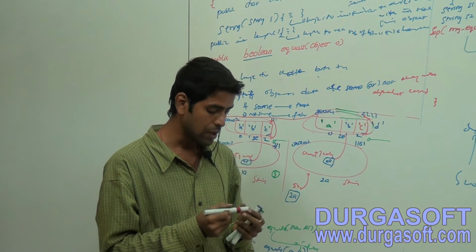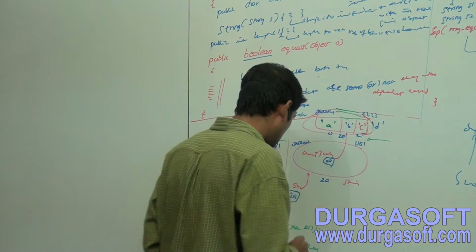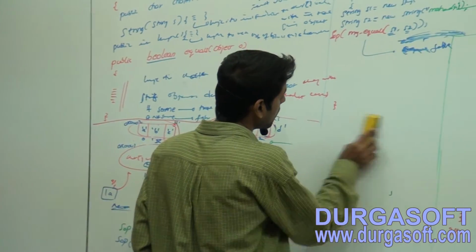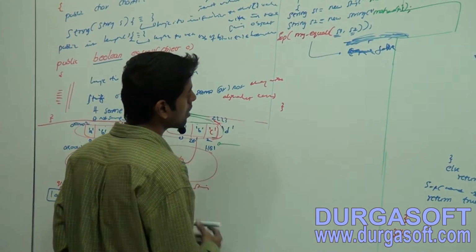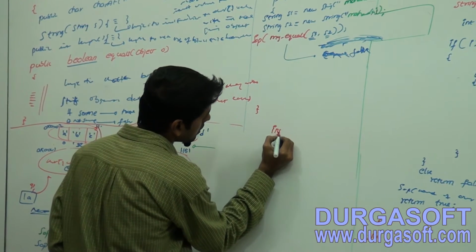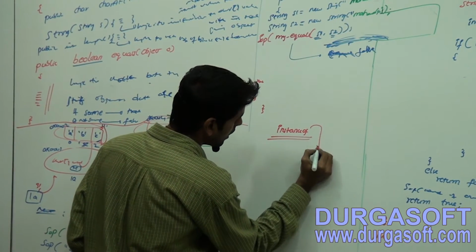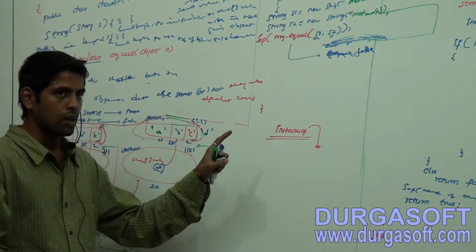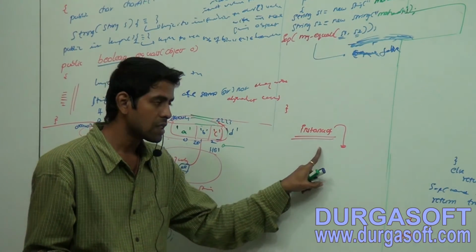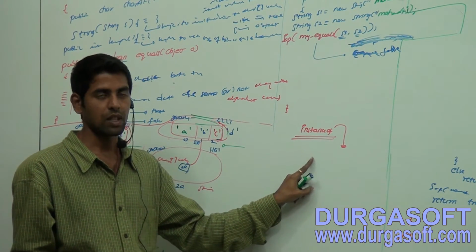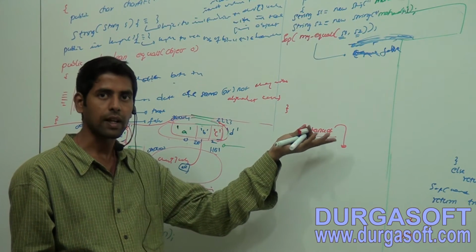Simple thing. You have to use one operator. In our Java we are having one operator called instance of operator. Don't think this is a word. It's an operator. It's their programming language, they can do anything.